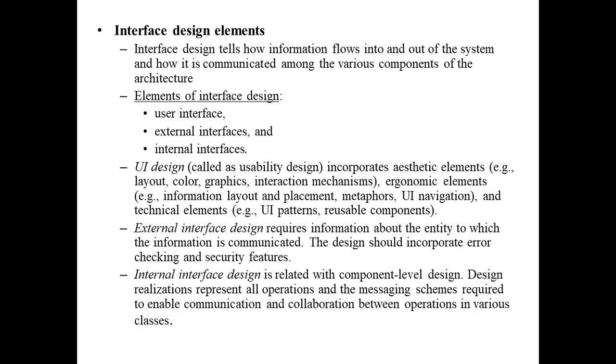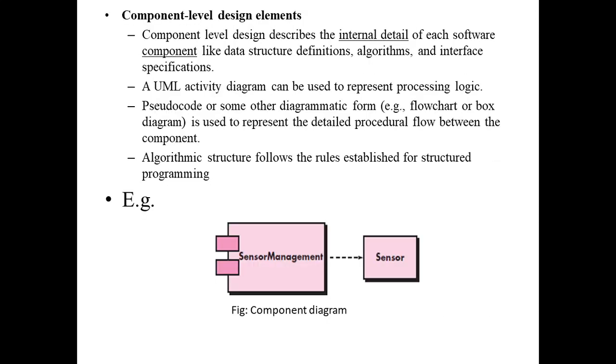Design realization represents all the operations and the messaging schemes required to enable communication and collaboration between the operations in various classes. Next is the component level design element. Component level design describes the internal details of each software component, like data structure definition, algorithms, and interface specification.